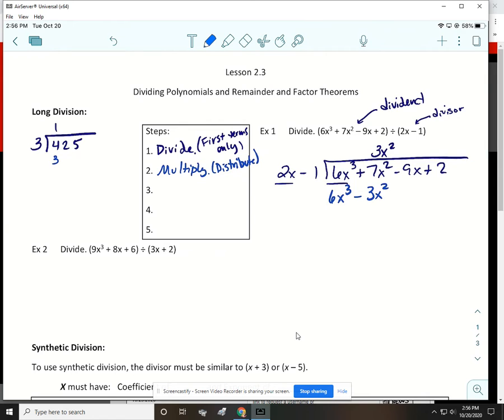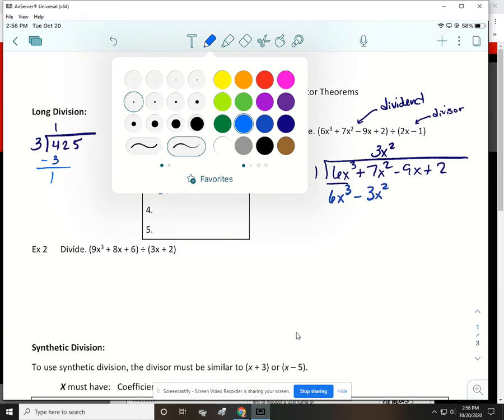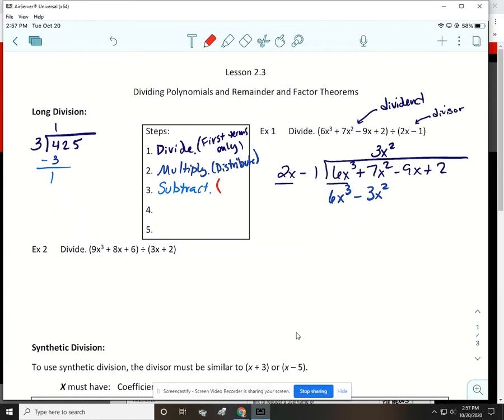Okay, and then think about the next step on this problem on the left. The next step is to subtract. So we are going to subtract and we get 1. Now we have to be super careful when we subtract here that we subtract both of these, not just the original one.